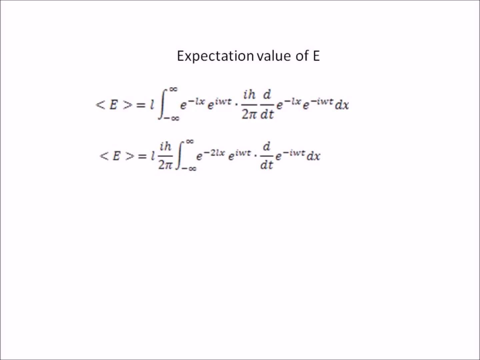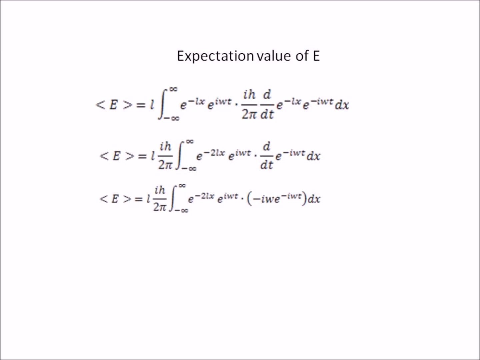As it is a constant of the derivation, because it is with respect to time, e raised to plus i omega t into the derivative of e raised to minus i omega t with respect to time. So its derivative can be calculated easily, minus i omega into e raised to minus i omega t.